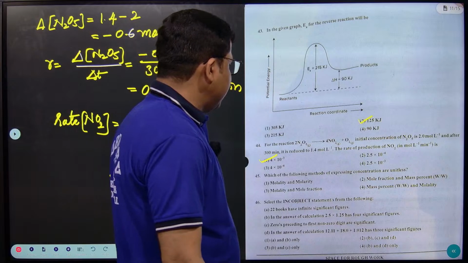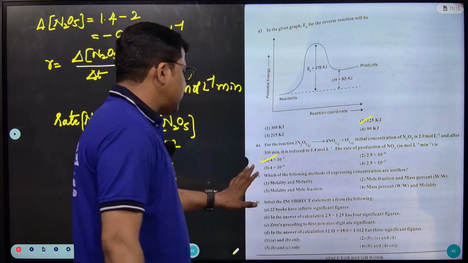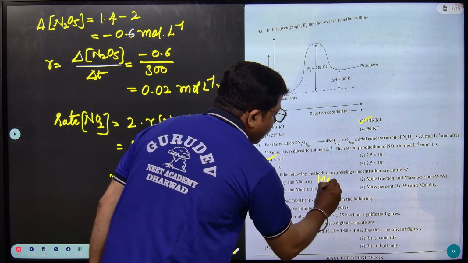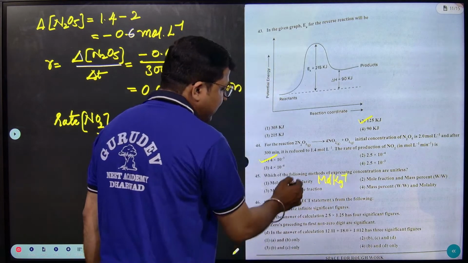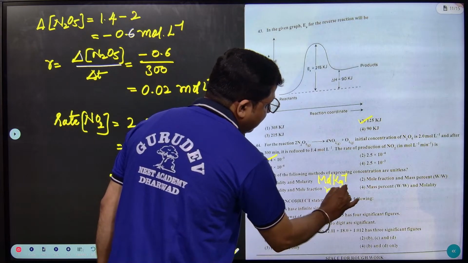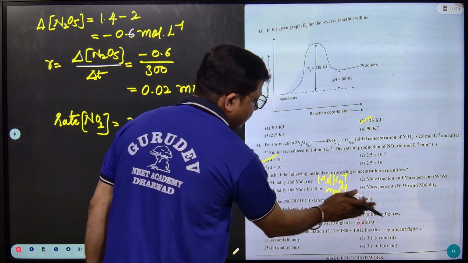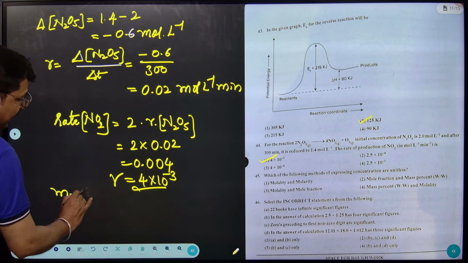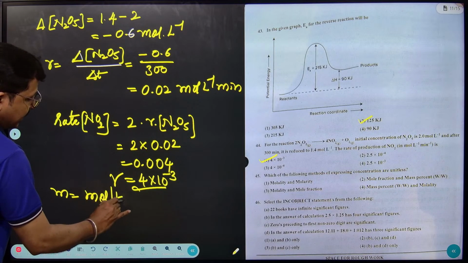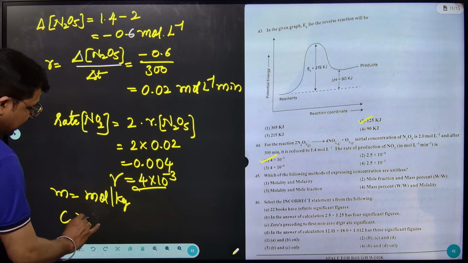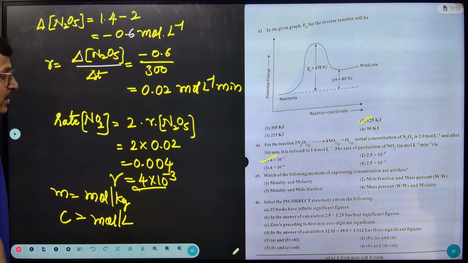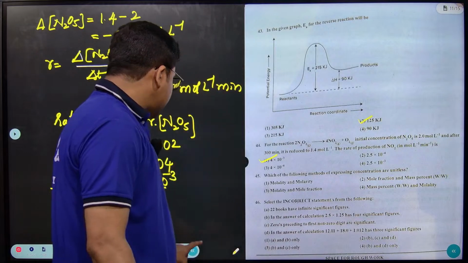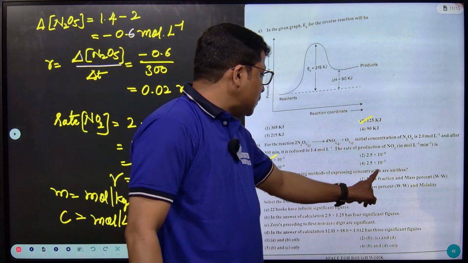Which of the following methods of expressing concentration are unitless? See, molality is a concentration term, its unit is mole per kg, and for molarity, the unit is mole per liter.